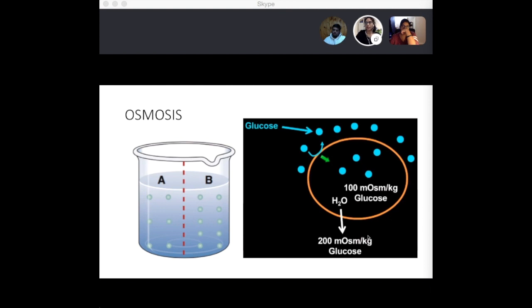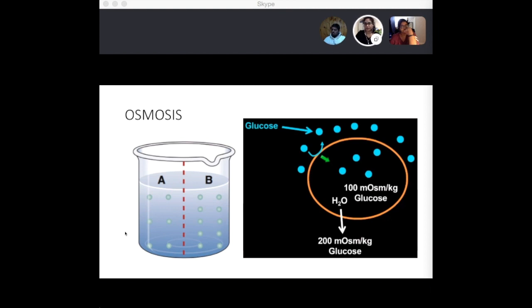And to put this further into perspective, I have a picture with the beaker and then a more clinical correlation. So in regards to the beaker, the compartments are separated by the red dashed line. So that's going to be representing a membrane.